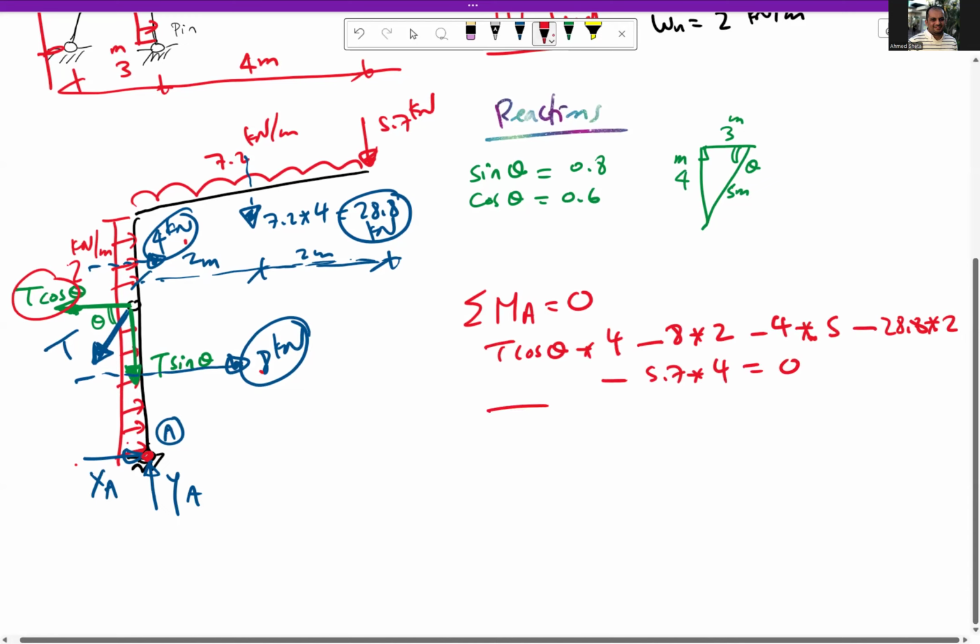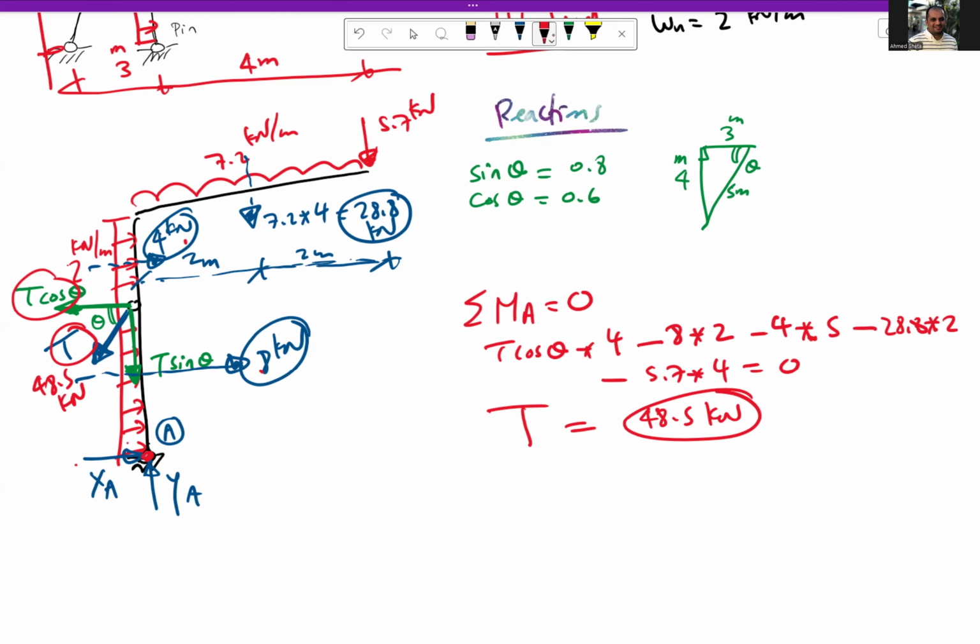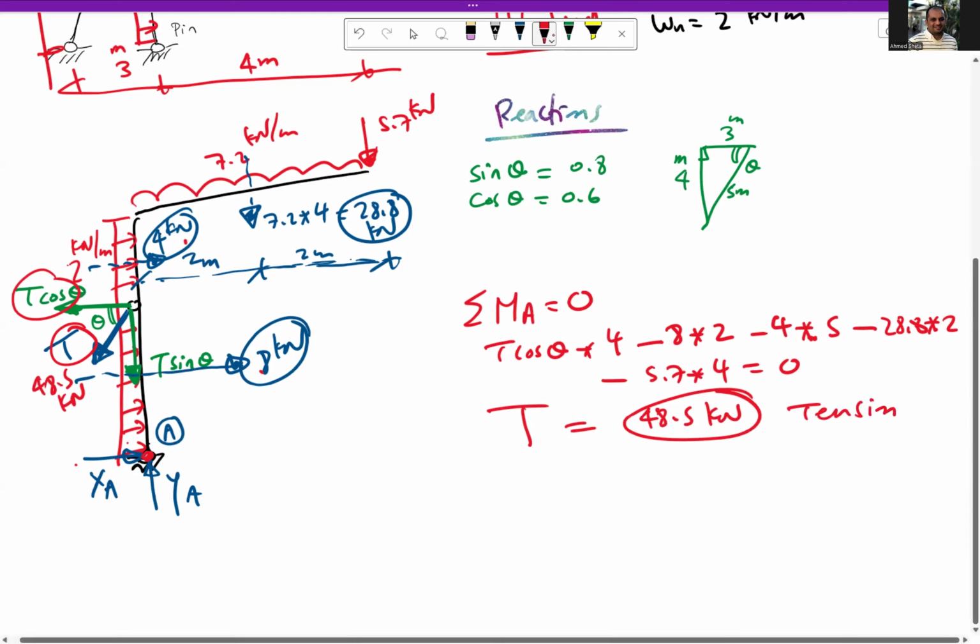So from this calculation, T will be 48.5 kilonewton. So the force in the link member or on the tie is 48.5 kilonewton, and the sign is positive, so it means it is tension as we assumed.